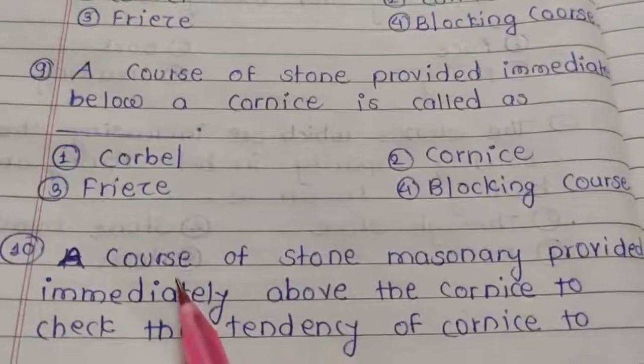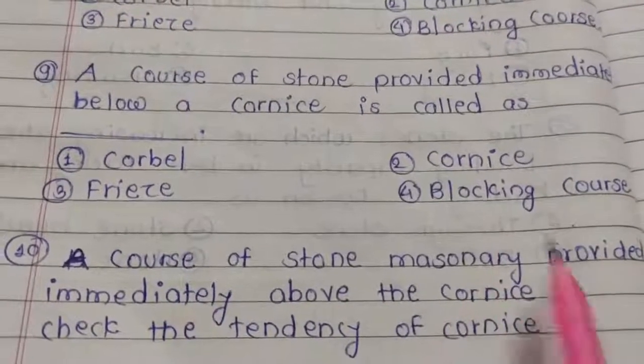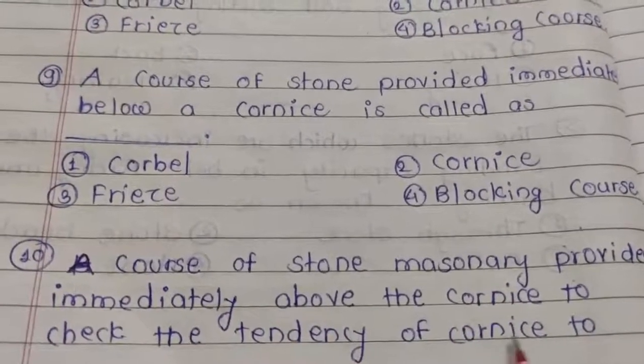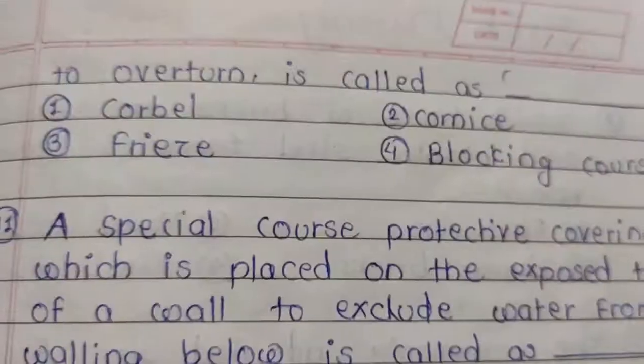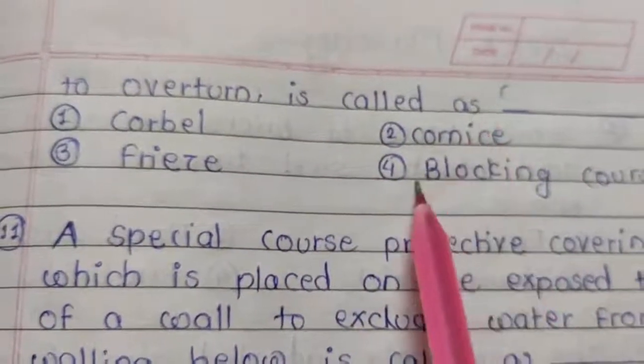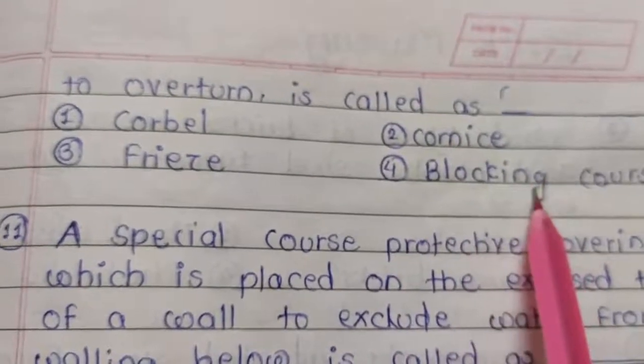Now, a course of a stone masonry provided immediately above the cornice to check the tendency of a cornice to overturn is called as, answer is blocking course.